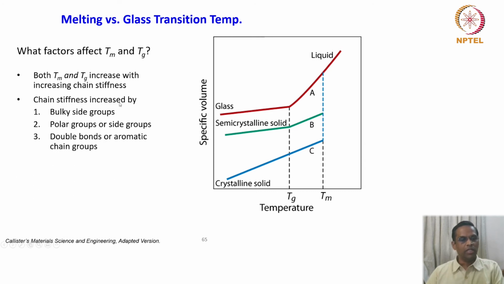And chain stiffness increased by bulky side groups, or it could be related to some semi-crystalline polymer materials as well. So that's why all the molecular arrangements are coming here. Polar groups or side groups, double bonded and aromatic chain group, they are all going to increase the chain stiffness, and which in turn have influence on Tm and Tg. So that's why brought here.